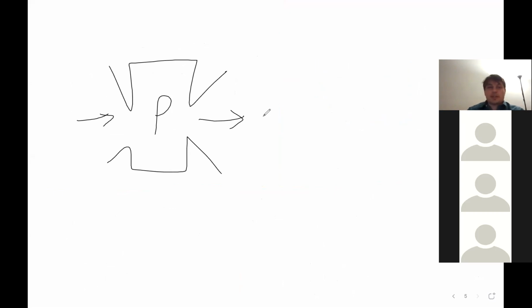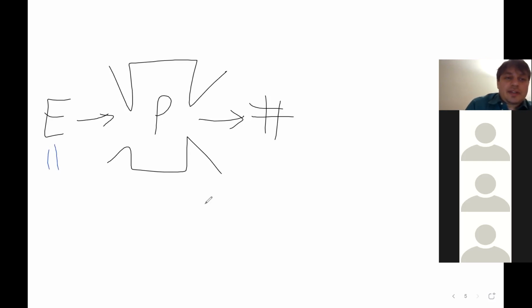But the input of this function is an event E, and the output is a number. And so in that example, the event E is the event of rolling an even.